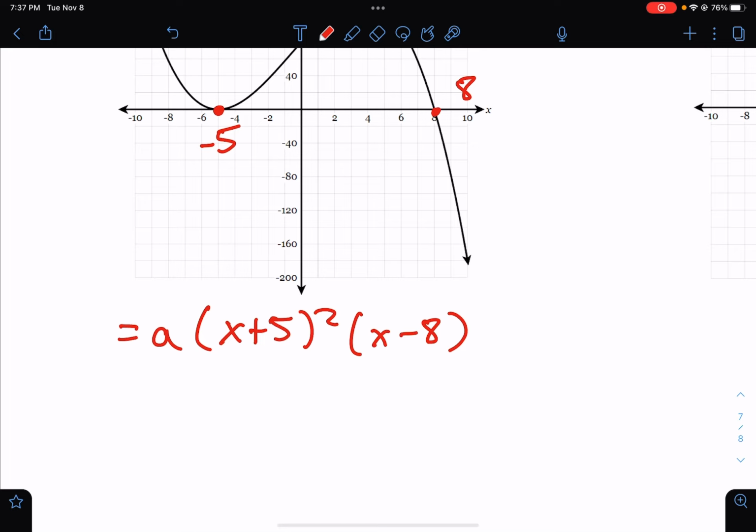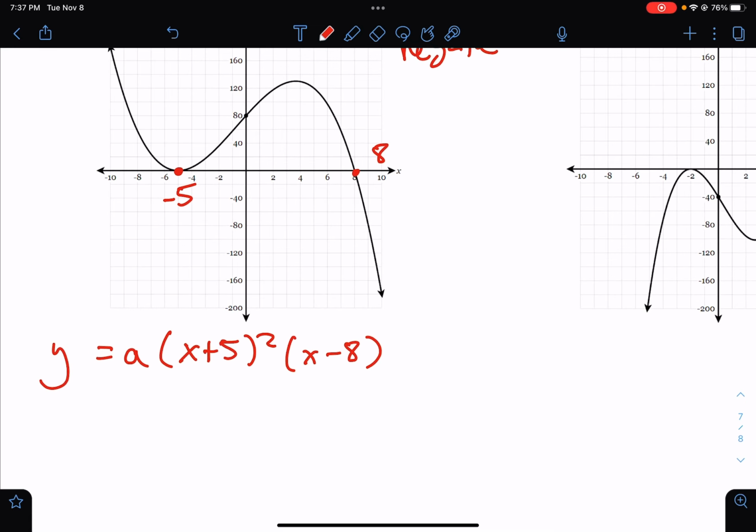Now what we are going to do is use our y-intercept here. Technically, you could use any point other than the roots to find the a value. But on these graphs, it's going to be particularly easier to use the y-intercept. So our y-intercept here is (0, 80).